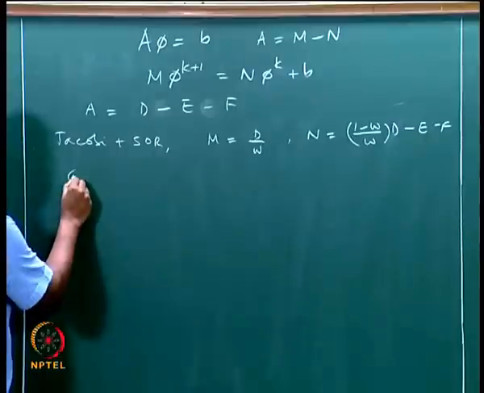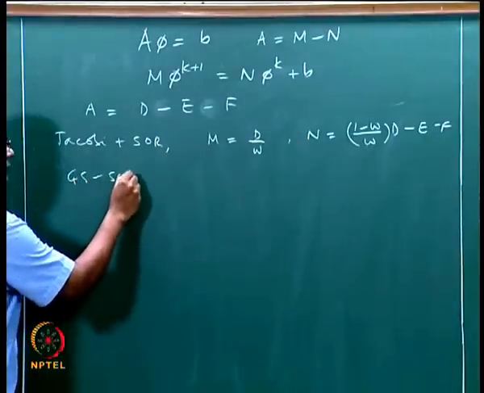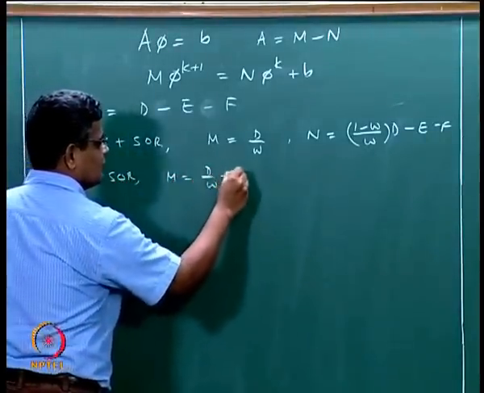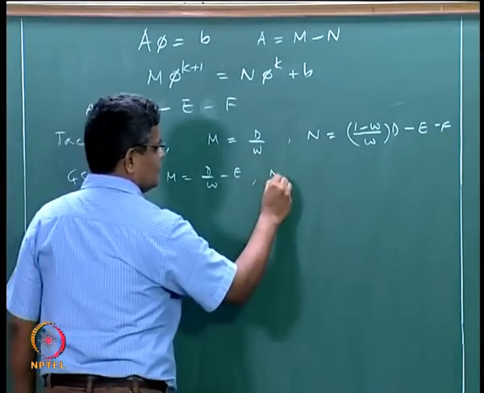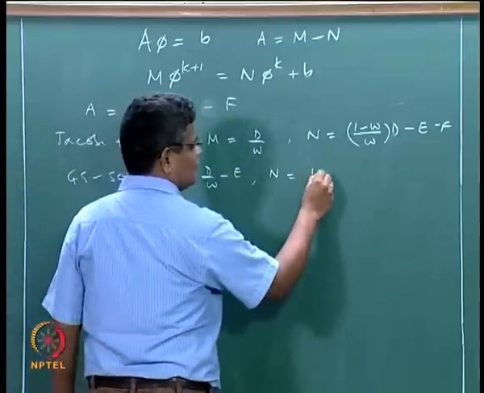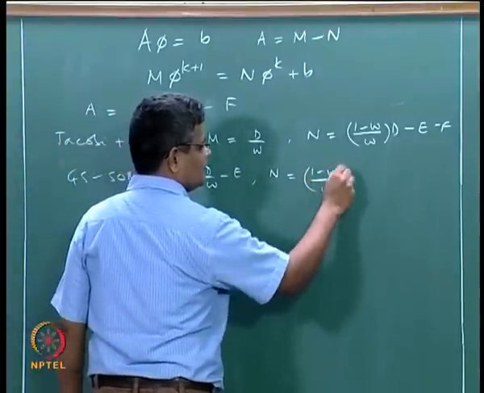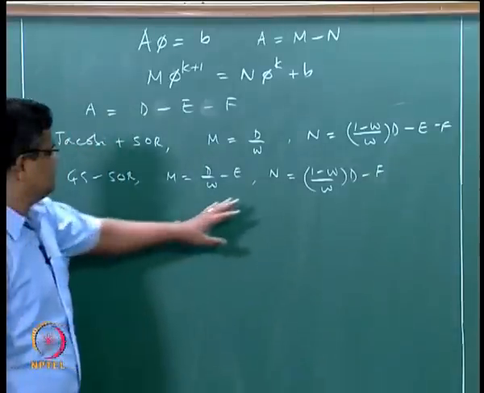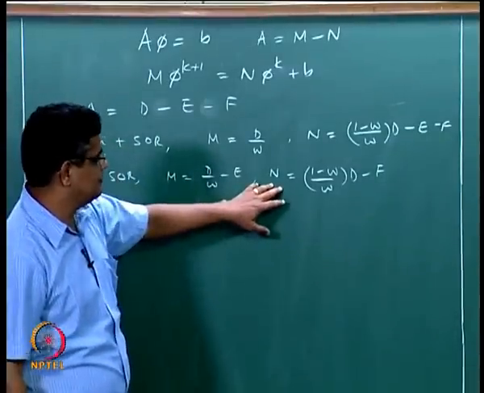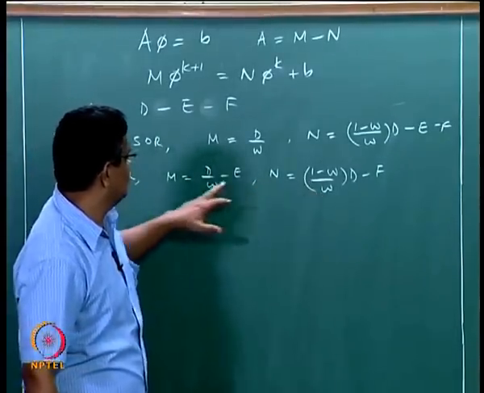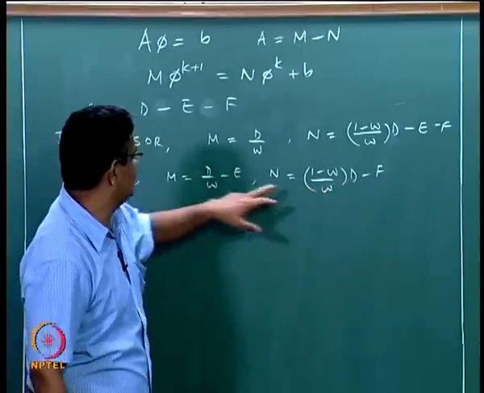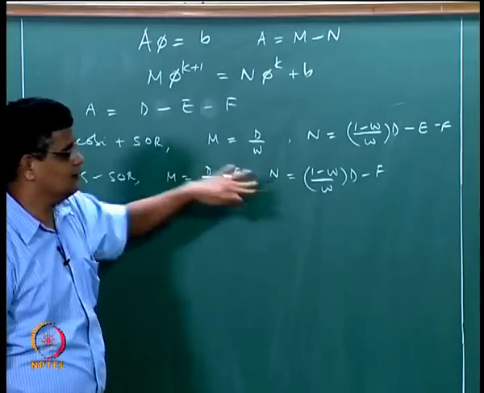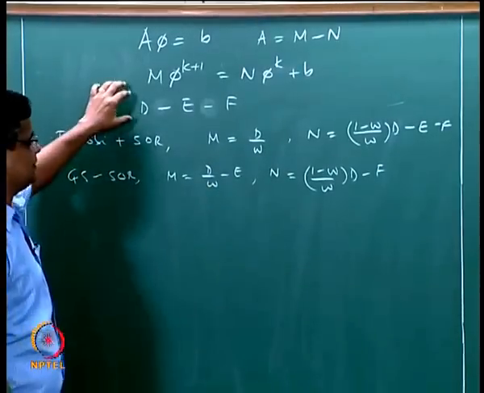And in the case of Gauss-Seidel SOR, M is D by omega minus E, and N is (1 minus omega) by omega times D minus F. So that when you now put M minus N, this D by omega here gets cancelled with this, and we get omega by omega times D. So everything becomes the same as this.